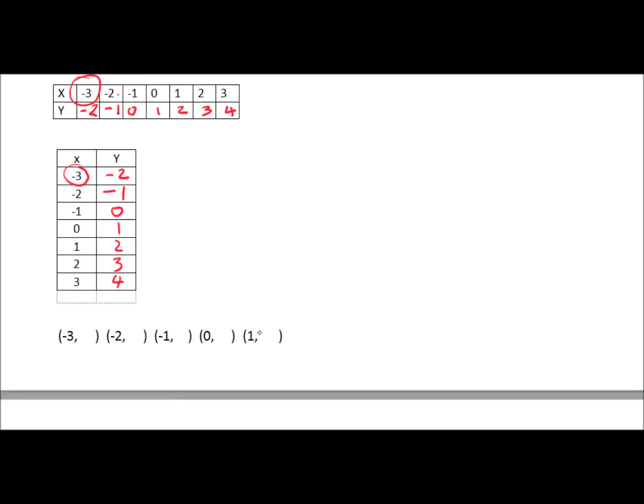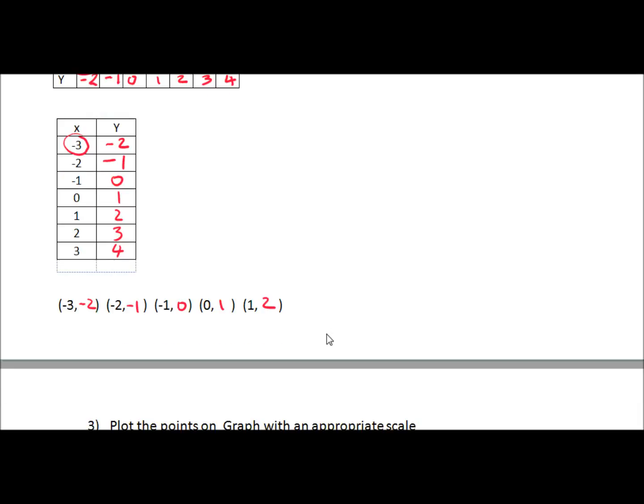So here we have brackets -3, -2; -2, -1; -1, 0; 0, 1; and 1, 2. And we can continue on with the rest of the pairs. Once we've completed our table, we would then need to plot the points onto a graph.